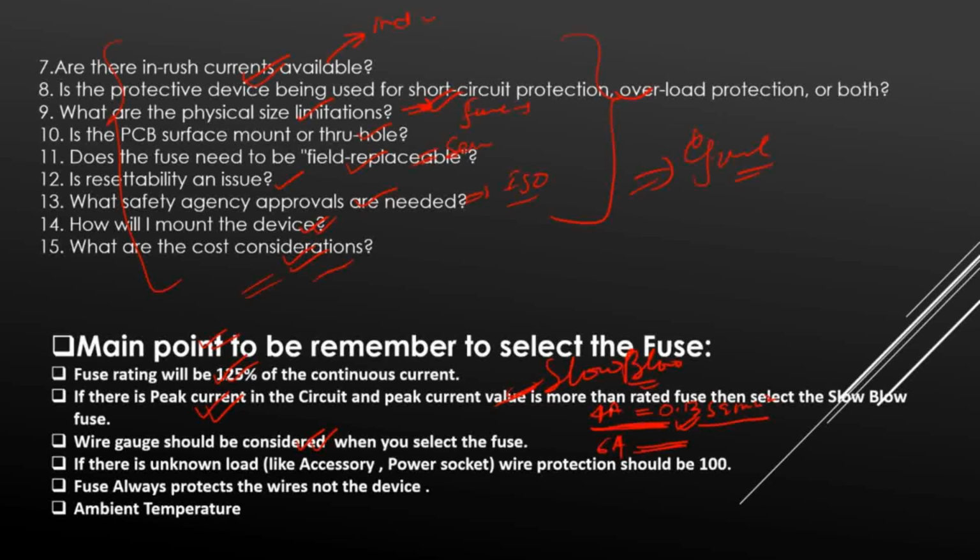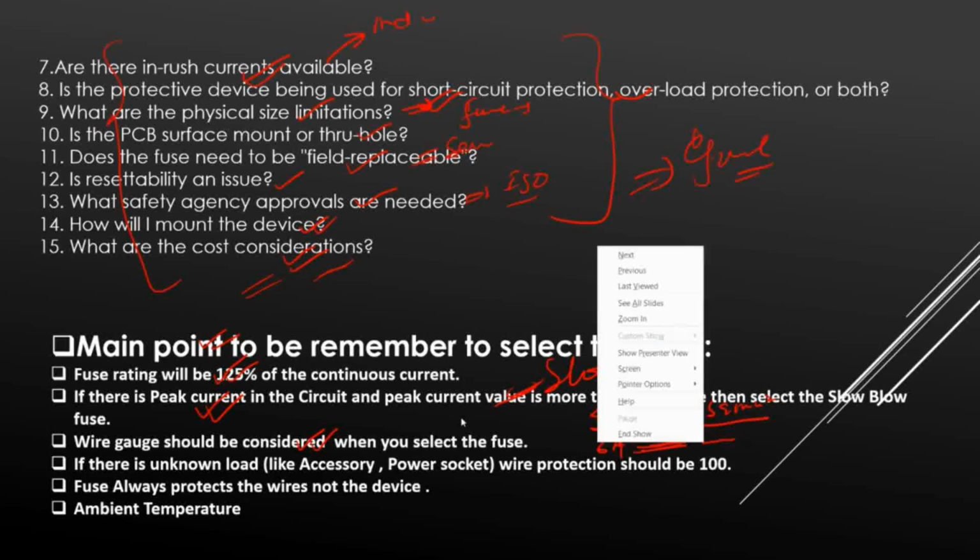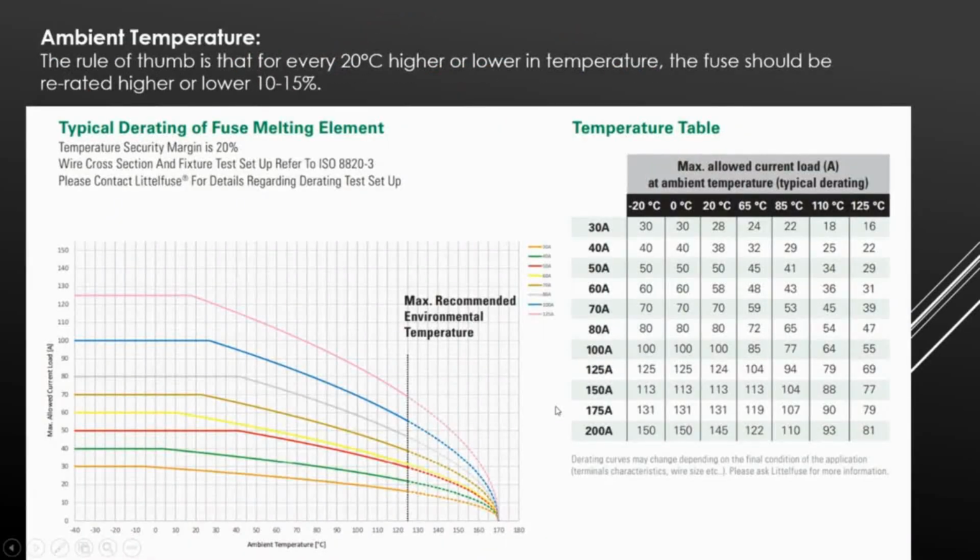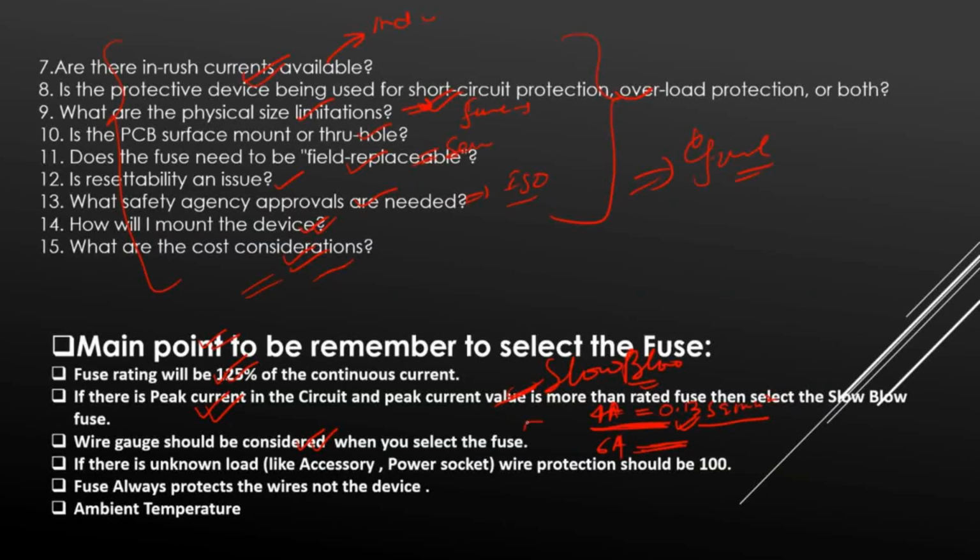But as of now, understand that for 4 ampere, a 0.13 square wire is sufficient, but for 4 ampere you have used a 5 ampere fuse, or a 7.5 ampere fuse.